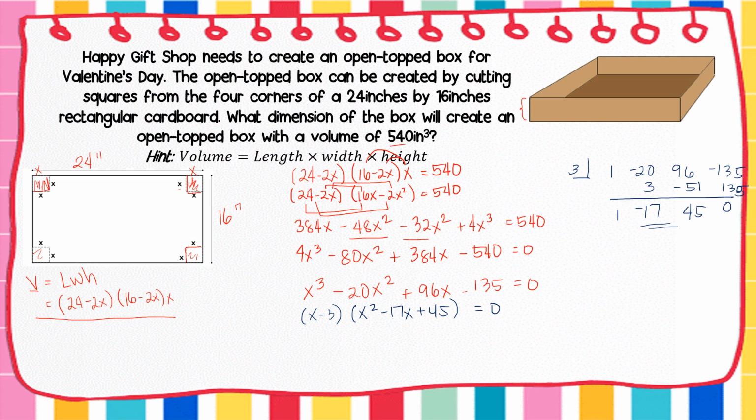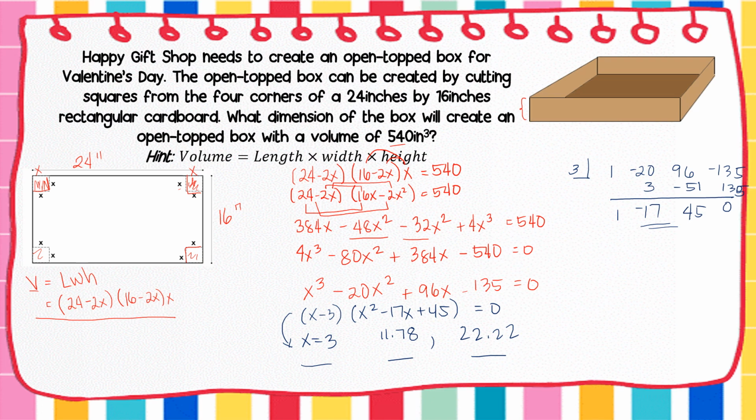And if you do that, from the synthetic division we have x equals 3, and from the quadratic formula, you will get two more: 11.78 and 22.22. So, we have 3 choices. Now, will all of them be answers?